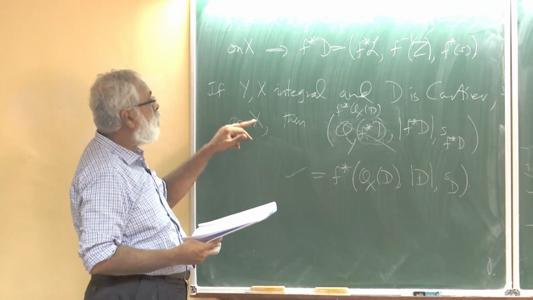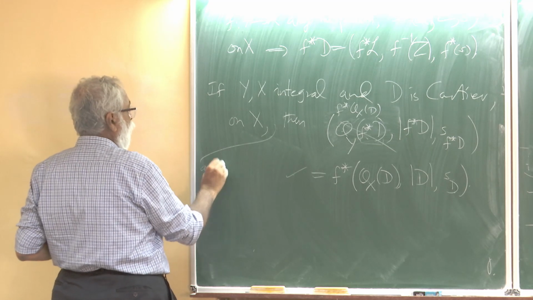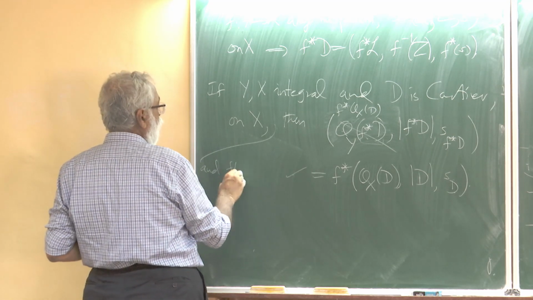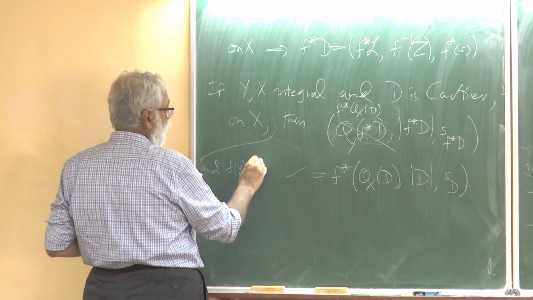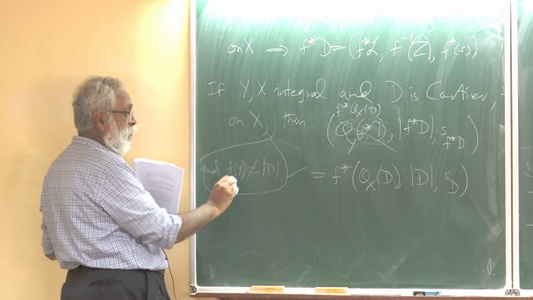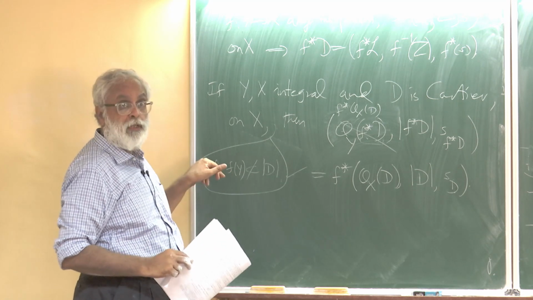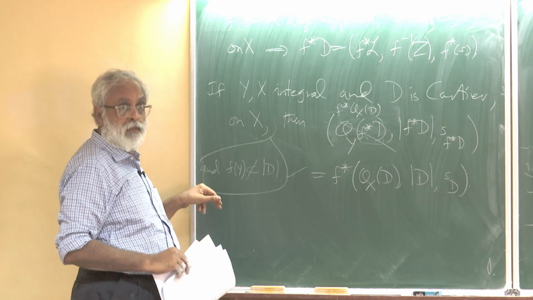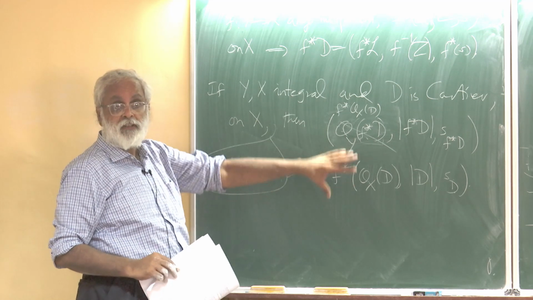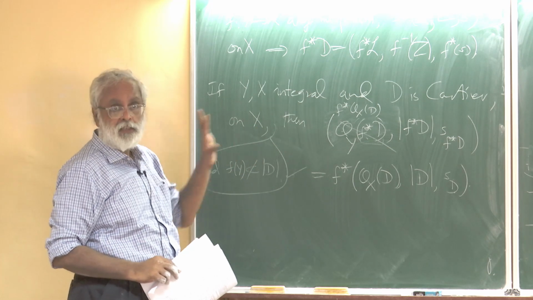So if X, Y integral, D Cartier on X and f of Y not contained in support D, then I can pull D back as a Cartier divisor, and then it does make sense to compare the two pullbacks and they are the same. That's the only assertion I can make reasonably.